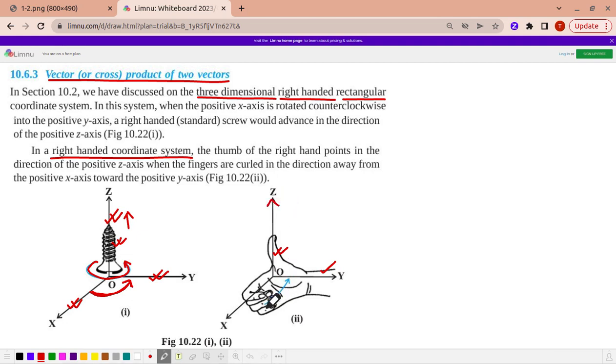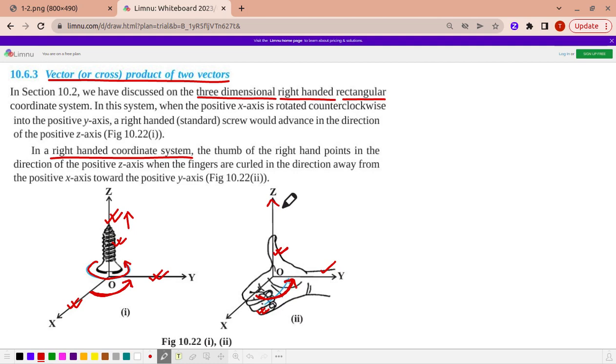When the fingers, these are the fingers, are curled, meaning rotated in the direction away from the positive x-axis towards the positive y-axis, that means once the finger is taken away from the x-axis and moves towards the positive y-axis, then we will see that the thumb is directed towards the positive z-axis.